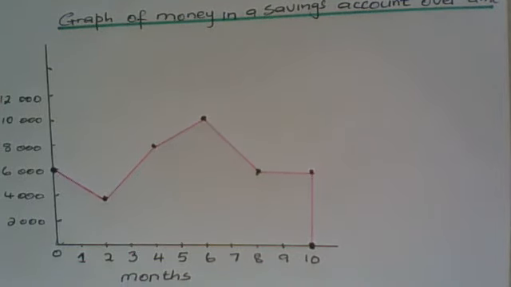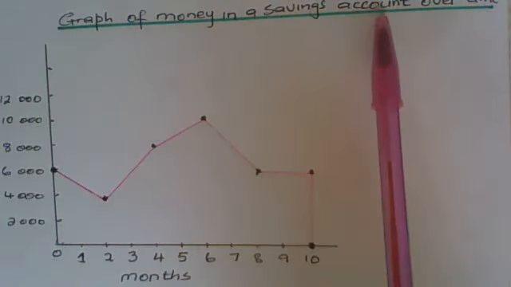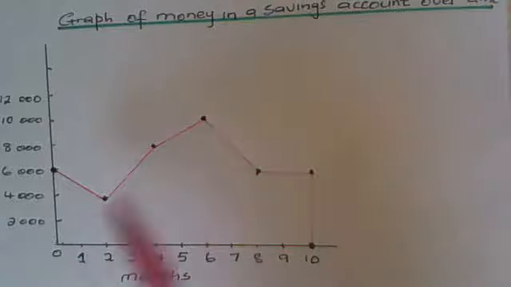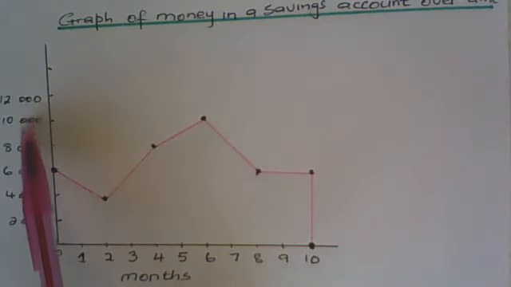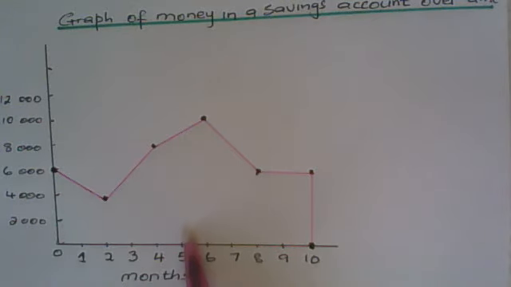The graph of money in a savings account over time. Now, if you look at this point, it's at zero. Zero what? Zero rands, 0 months. So this is the point.